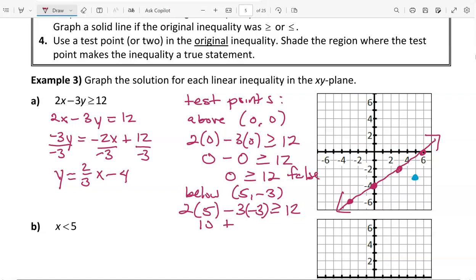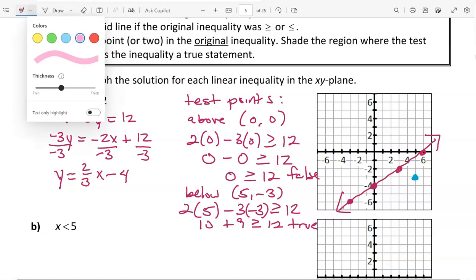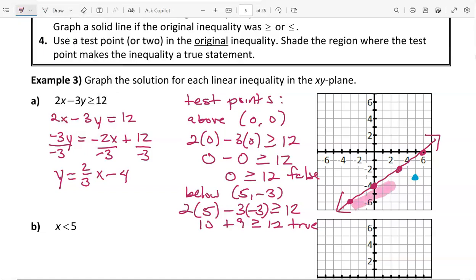Negative 3 times negative 3 is positive 9. 10 plus 9 is indeed greater than 12. And so that's a true statement. That means that I will shade below the line. So I'm going to take my highlighter here and shade this area below the line. We indicated a solid line to indicate that the points on the line are solutions as well, in addition to the shaded points below the line.